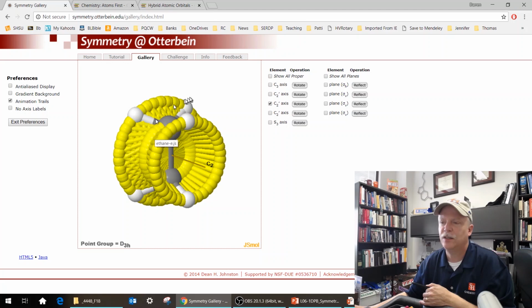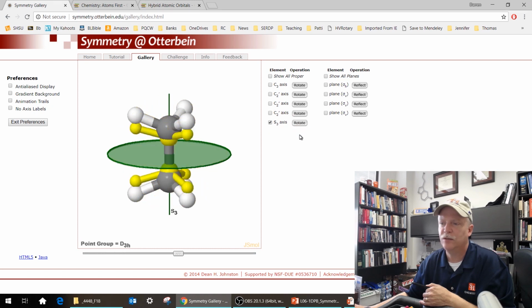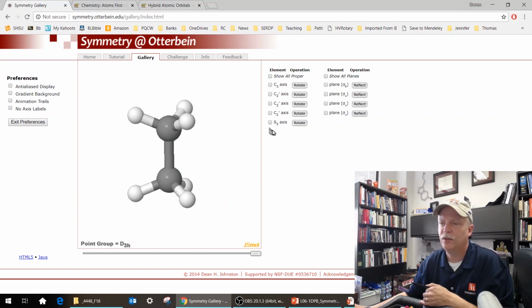That's showing you that these two hydrogens are connected with each other. This one went through this path, and this one went through the other path, and now they're connected to each other. This is really helpful when we do the S-axis. So let's look at the rotation reflection. In fact, let's look at that one in a minute. We'll do that with the staggered ethane.